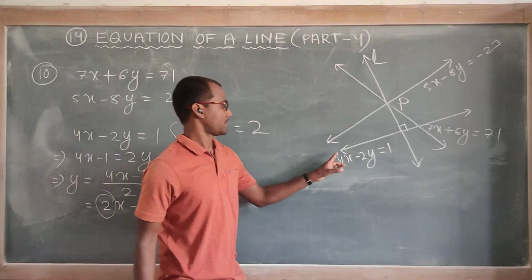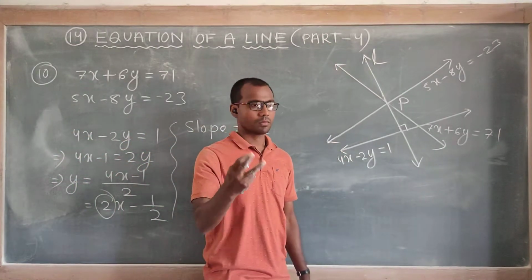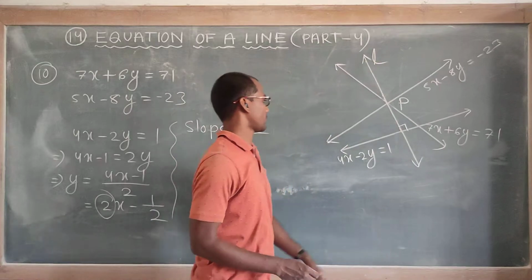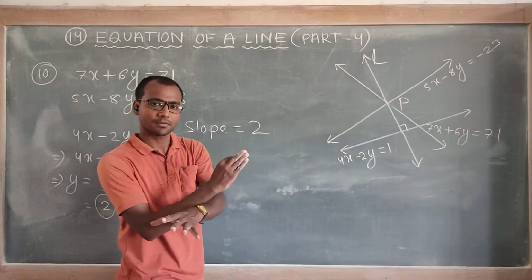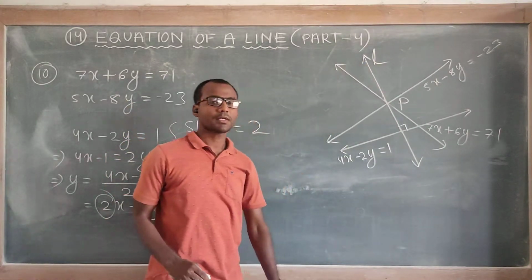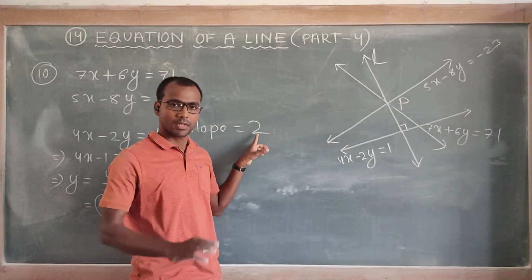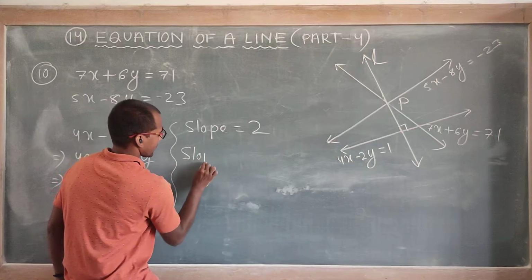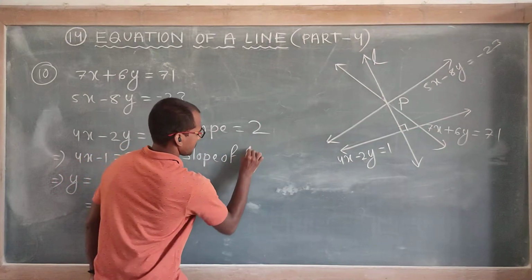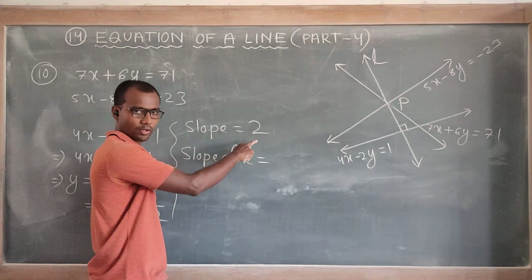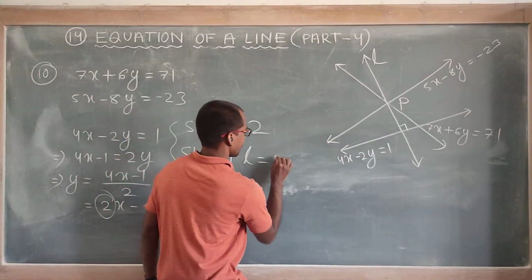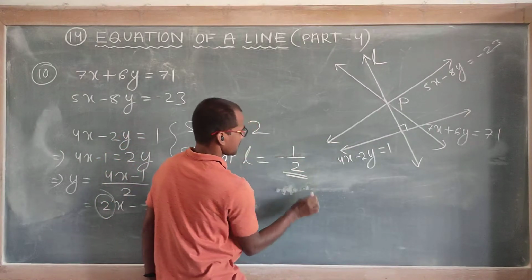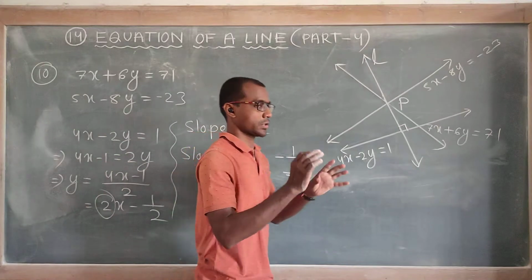What will be the slope of line L? Since they are perpendicular, the slope of line L will be the reciprocal with the sign changed. Taking the reciprocal of 2 and changing the sign, we get minus 1 by 2. So we got the slope of this line.